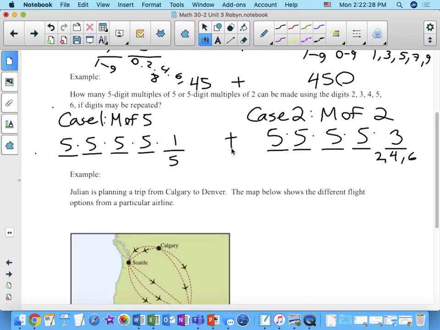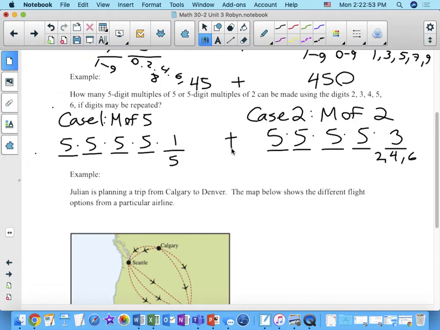Well, no, it can be either or. Either or. So what does it have to end with? If it's a multiple of 2, what does it have to end with in this scenario? 2, 4, or 6, or a 5.